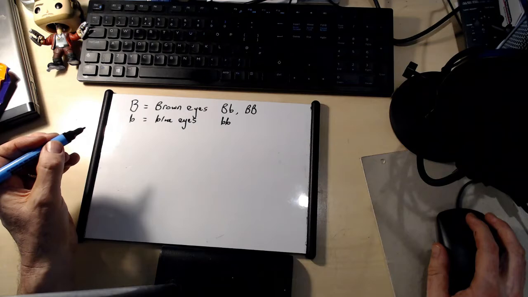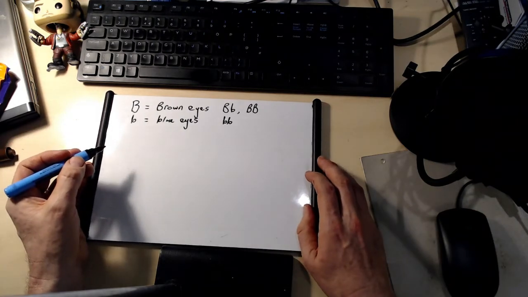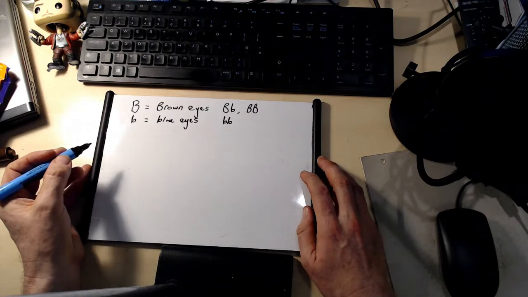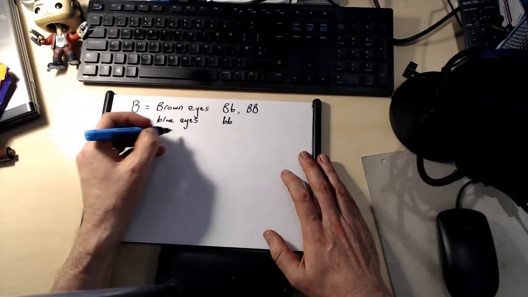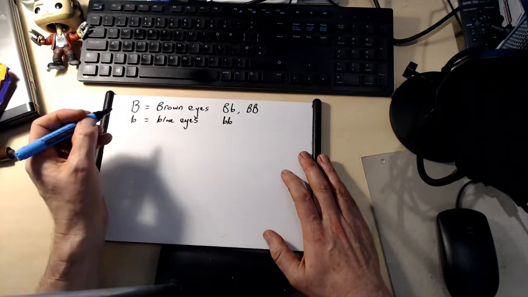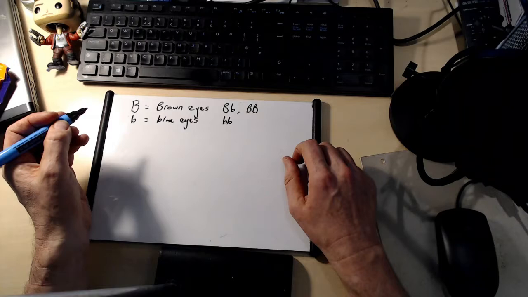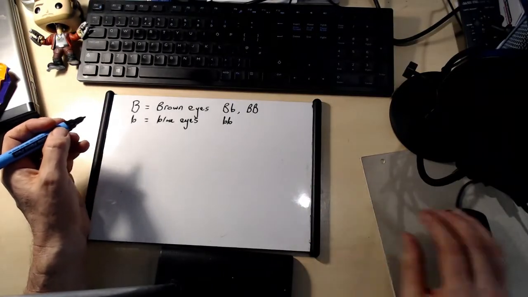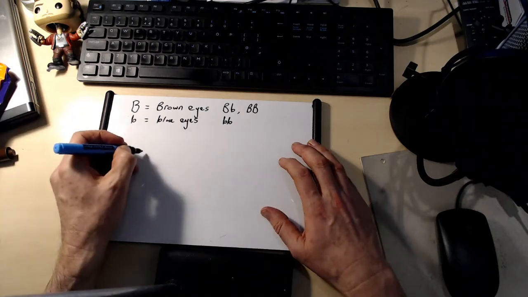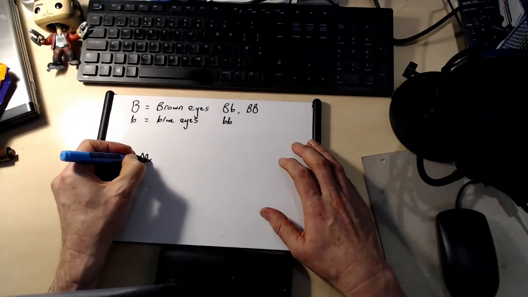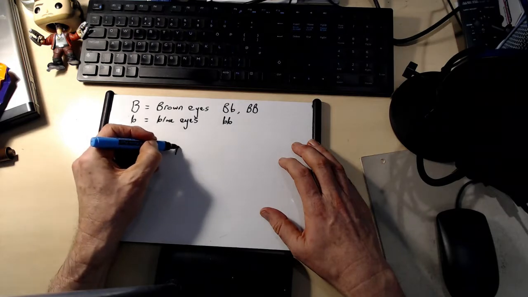Okay, so let's have a look at two parents first of all. Okay, so I'm going to tell you that the parents both have brown eyes. So let's have a look at the first of all, so the male is going to have the following.